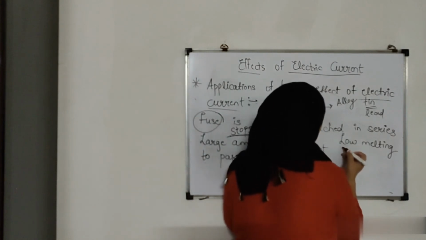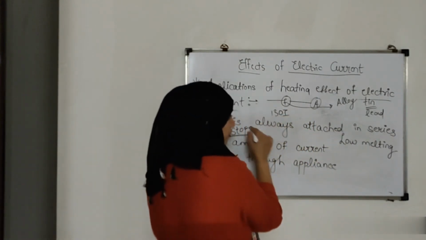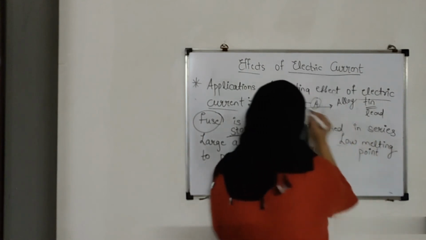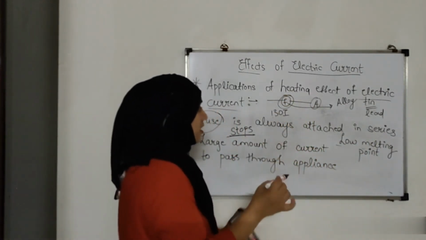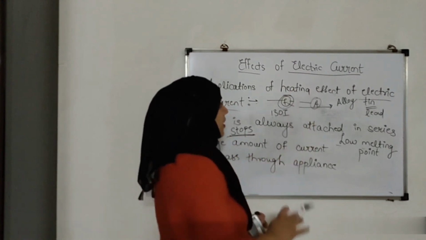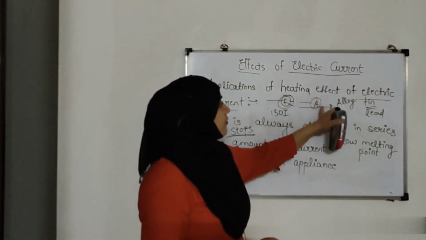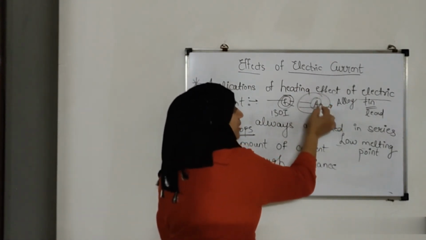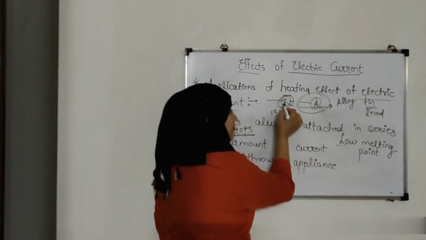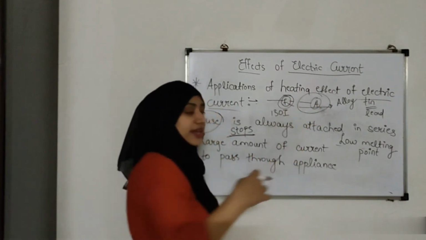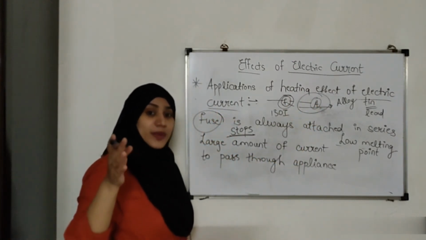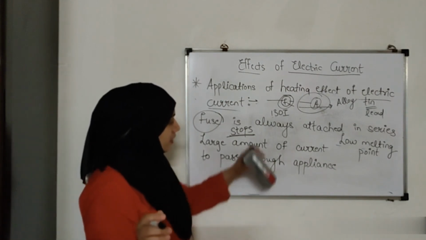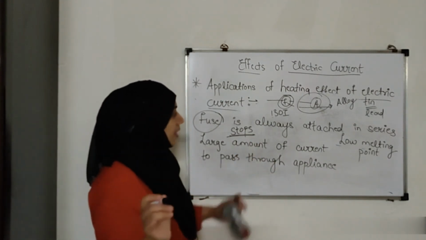So if more current than 130 would flow, because of its low melting point, this fuse starts melting, so it gets disconnected from the appliance, the current wouldn't flow through that appliance and it gets saved from being damaged. That's how the fuse protects the appliance from getting damaged, by stopping the flow of current. Okay, that's why we always attach the fuse in series with the appliance. Fine.